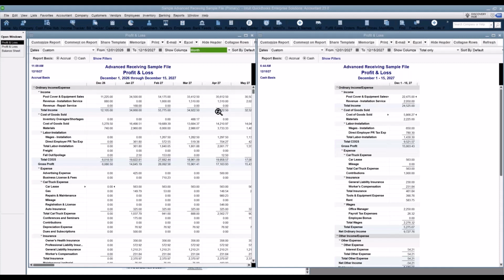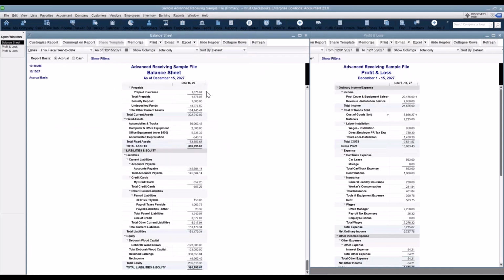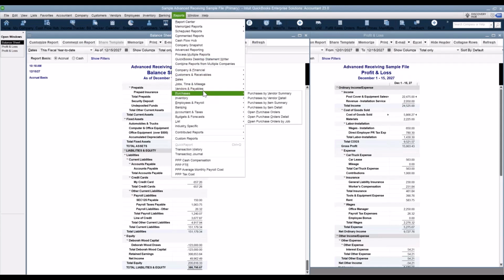Some other areas to look at whenever we are trying to figure out which way. So the cash basis, it's a little more simplistic, right? We don't have to worry about our AR, we don't have to worry about our AP as far as month over month closing, right? Because if I look at my balance sheet, and this one is in accrual, I have an AP total over here, and if I run my AP aging, right?